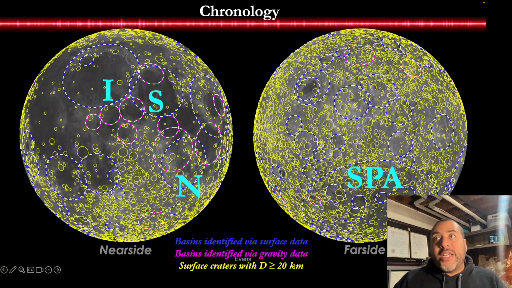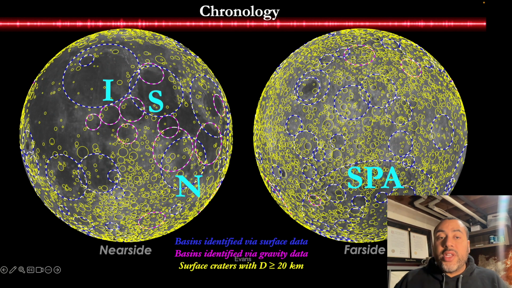There are 4 major impact basins on the moon that really help pinpoint chronology. Those are South Pole Aitken Basin, or SPA, which is in the southern portion of the far side hemisphere. And on the near side, we have Imbrium, Serenitatis, and Nectaris, denoted with an I, S, and N on the left plot.